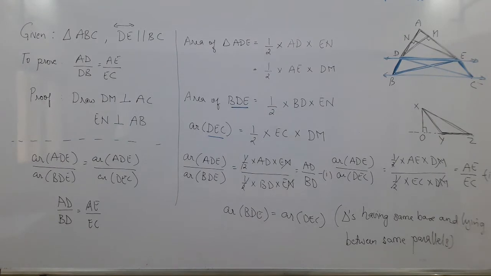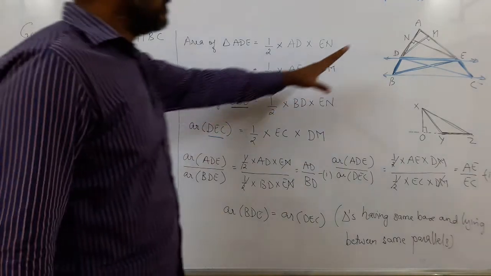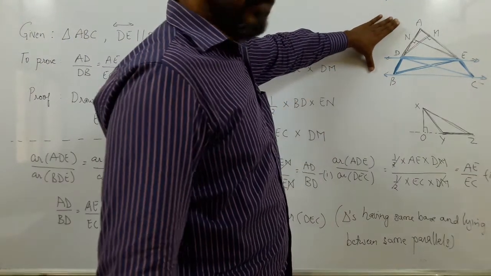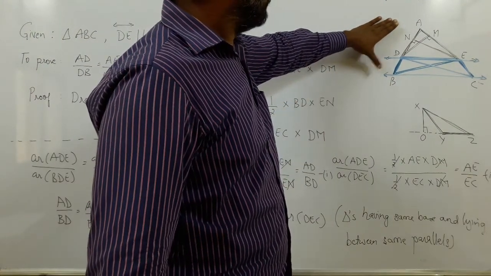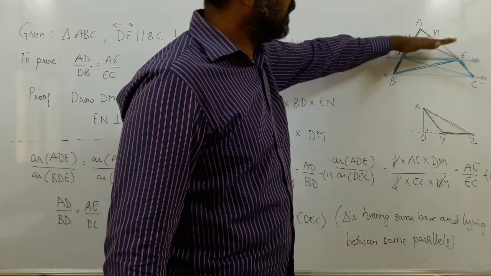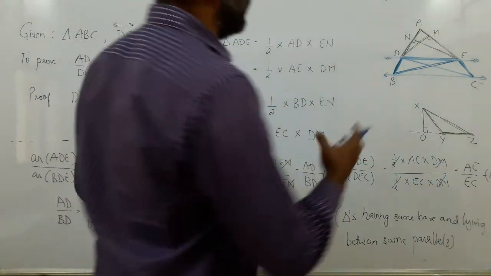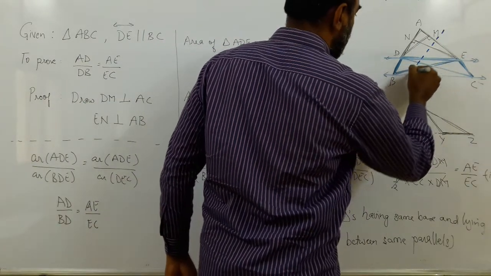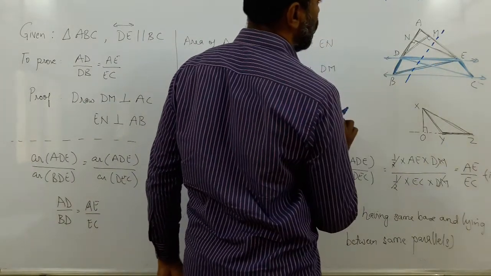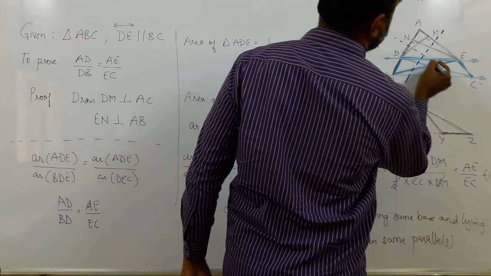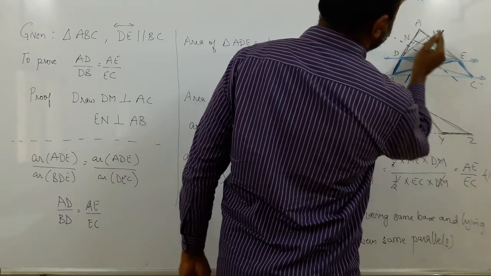So one more time I will repeat the theorem. What is the theorem again? Now the proof is done, but we'll see the theorem again. In a triangle, if a line is drawn parallel to one side, now you can take any side. I can even draw a line parallel to AB, or a line like this parallel to AC.